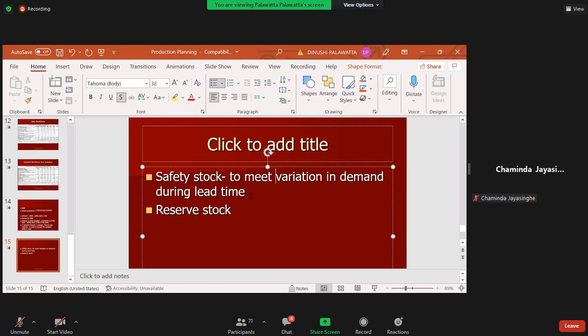And then reserve stock is used to meet demand during lead time delays.